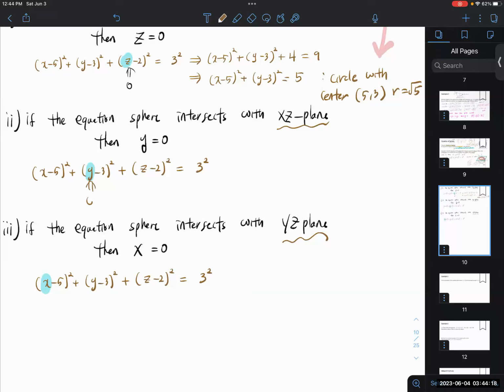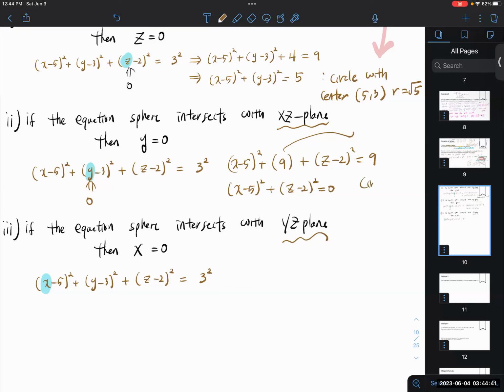So now Y is 0. So (X minus 5) squared, 9, because that's 0. And then we're going to get plus (Z minus 2) squared equal to 9. And then I'm going to move this one to the other side: (X minus 5) squared plus (Z minus 2) squared equals 0.